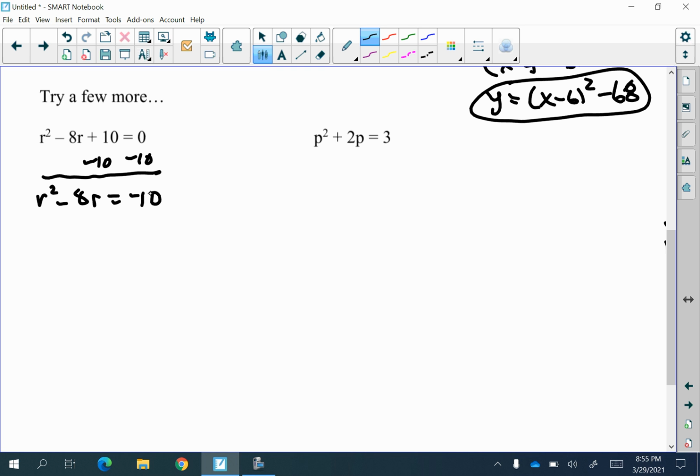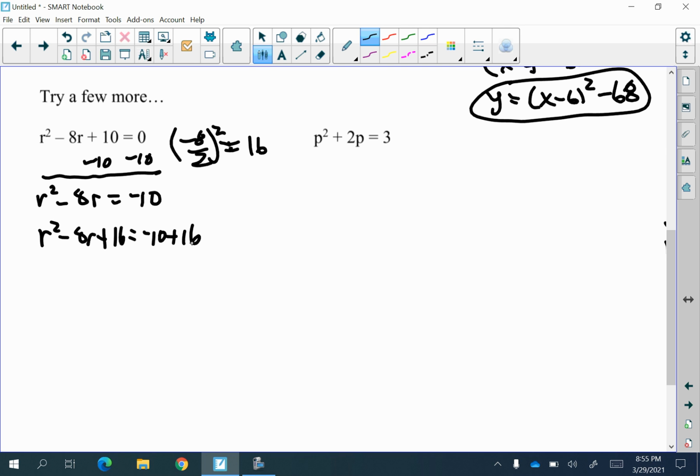Okay, so now what I need to do is I need to figure out, all right, b over 2 squared, and b over 2 is negative 4. Negative 4 squared is 16. All right, so now I'm going to add 16 to both sides. So on the left side, again, I got to think of my factors that are perfect squares of 16.